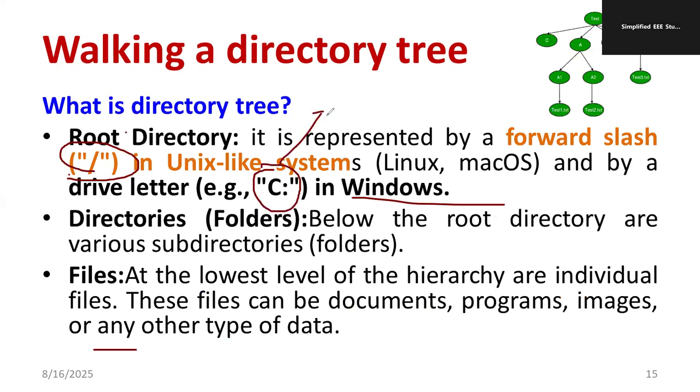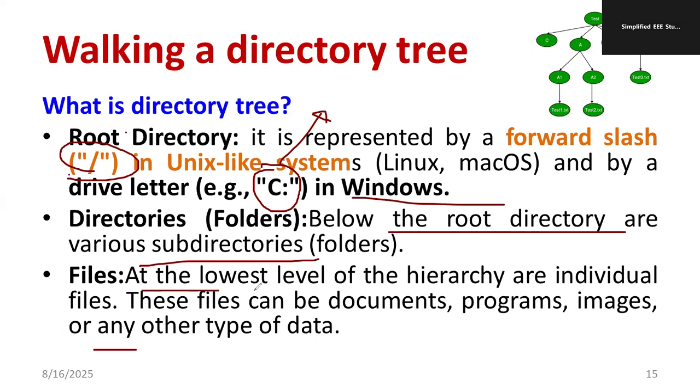That is basically called the directory tree, how the files and folders are organized. Below the root directory are various subdirectories. So afterwards you can see a directory, then again a subdirectory. Usually you are keeping some folders within a folder. That is one example of the directory tree.